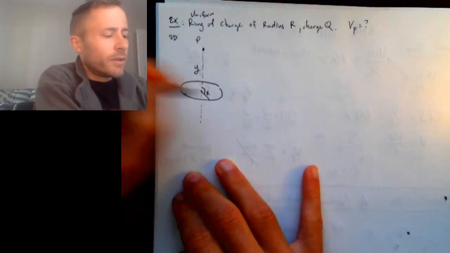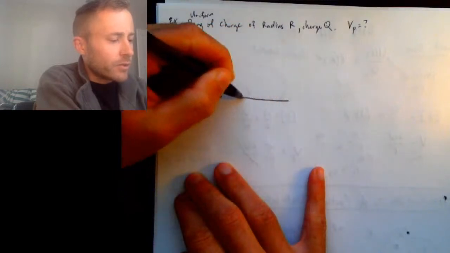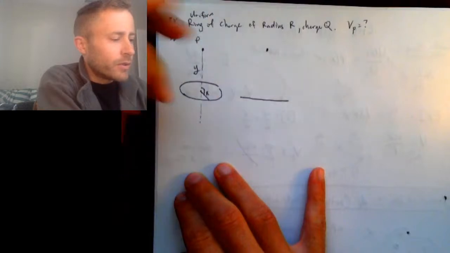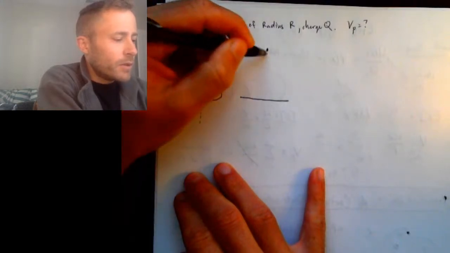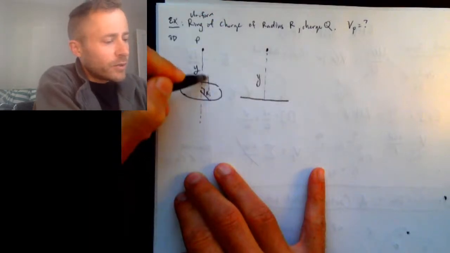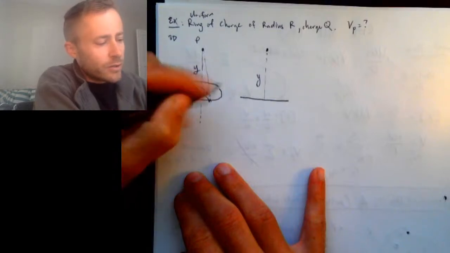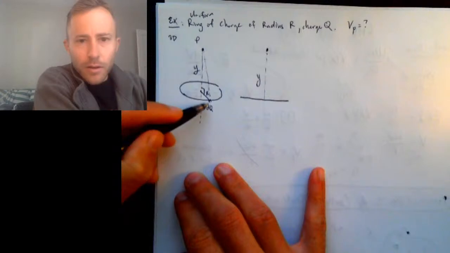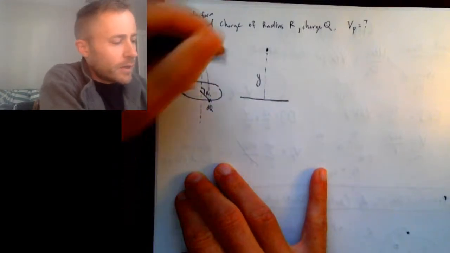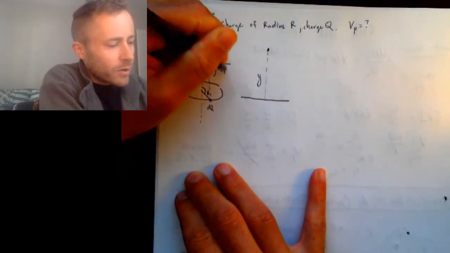Okay. And then if I think about this from a side view, it's going to look like this. Here's the ring, and then here's the point P. This distance is y. So if we think about it, the distance from this little bit of charge, dq, to the point P is the square root of y squared plus r squared.